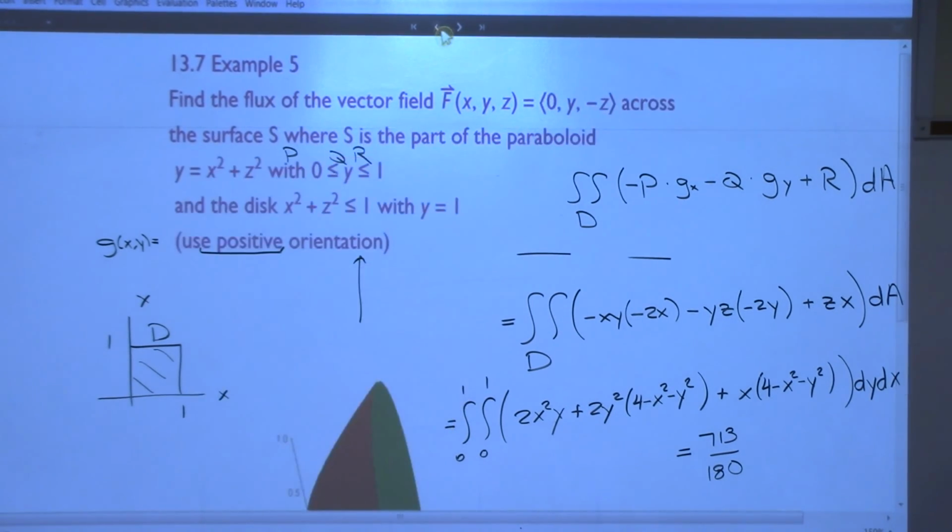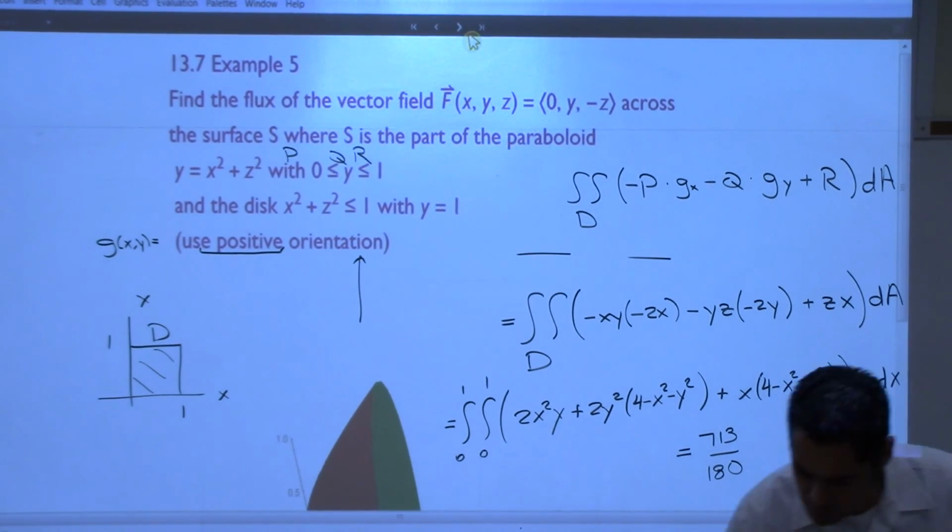Just so you know, these two problems, example 5 and example 6, are actually out of your homework. They are problems 27 and 31, I believe.